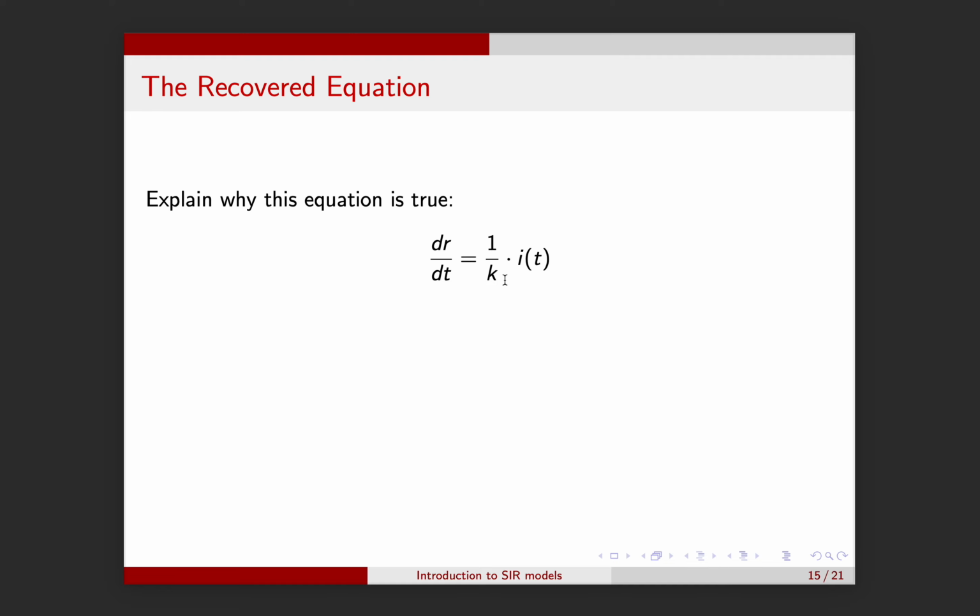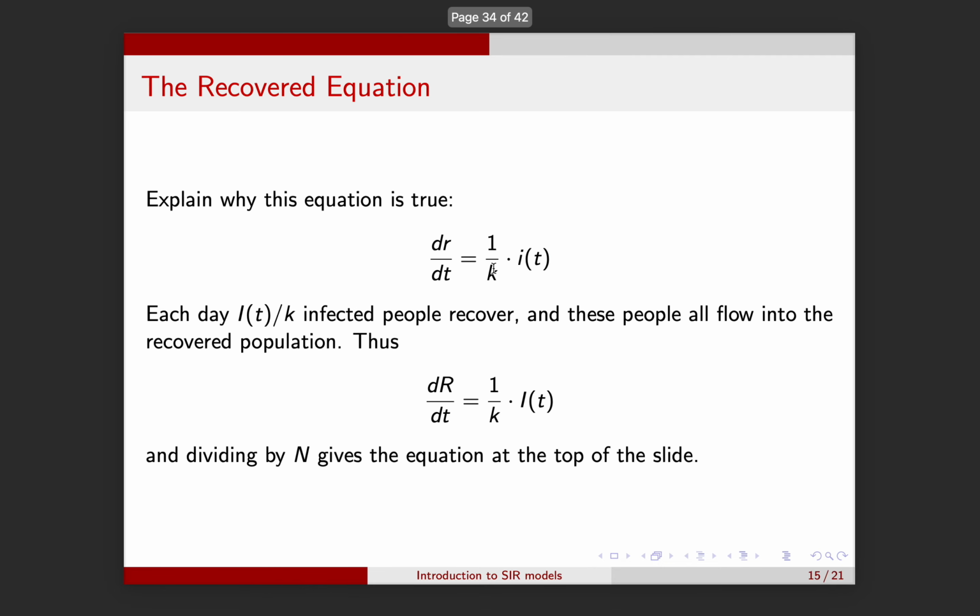So if you're sick for 4 days, then on average, a fourth of the infected population becomes well on a given day. So that's all that's happening here. So of the infecteds, 1 over k's worth of them are recovering on a given day. And that's all this is saying. And again, you can go back and forth between raw numbers and proportions if you want to. Raw numbers, here's capital R and capital I. Proportions, little r and little i. Okay.